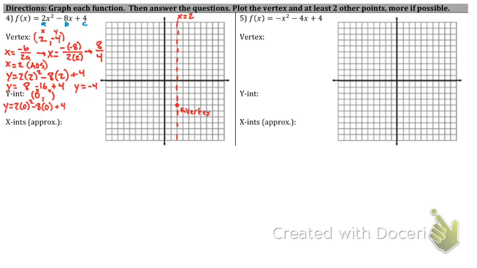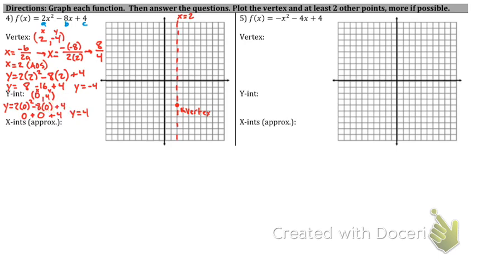So this turns into 0. Negative 8 times 0 is 0. So you put positive here if you want to add zeros. It really doesn't do anything. And then bring down the positive 4. So my y is equal to positive 4, which means my y-intercept is 0, 4.